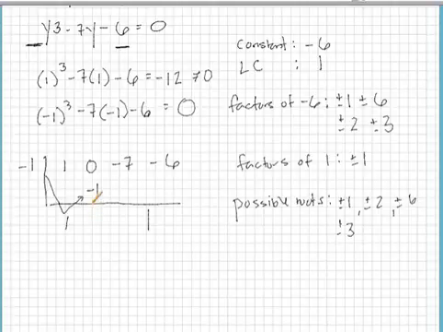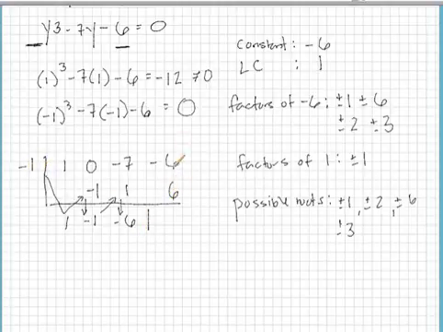I'm going to add down. So I get negative 1 down here. Negative 1 times negative 1 is 1. Product goes up here. I'm going to add down. Negative 7 plus 1 is negative 6. And negative 1 times negative 6 is 6. Add down. And I get 0. And I should, because my remainder should be 0.